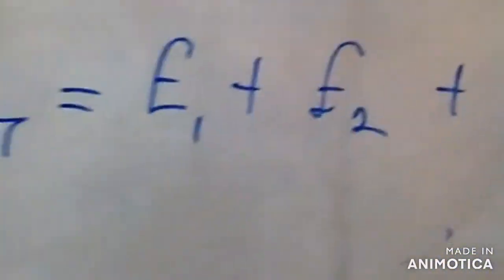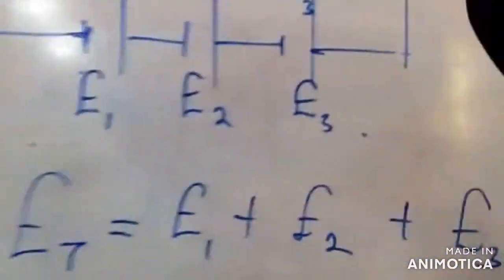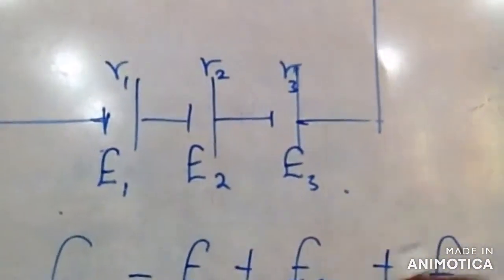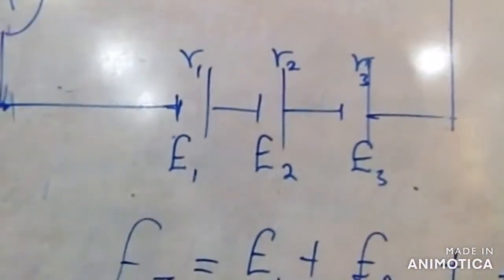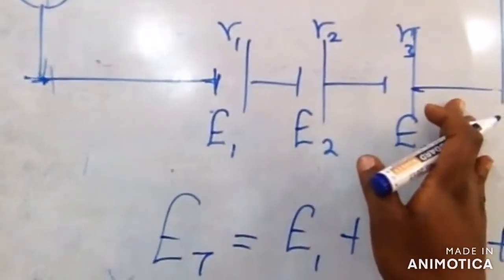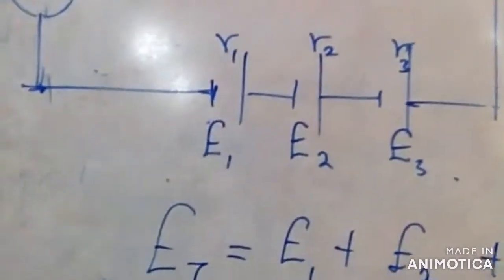So you add up the EMFs of the 3 cells together. So this is how to add in series. So when your cells are in series, you add them this way.